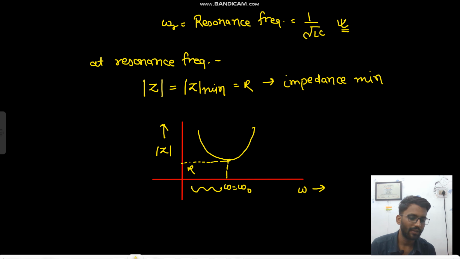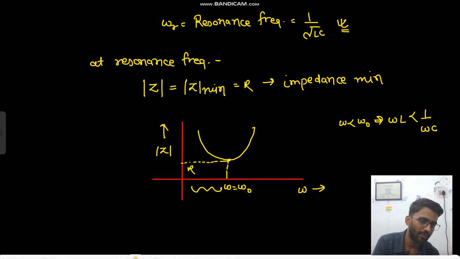In this area we have less frequency, so omega L will be less and 1 by omega C will be more. For omega less than omega naught, omega L will be lesser than 1 by omega C, right? So this will be capacitive and this area will be inductive, right?